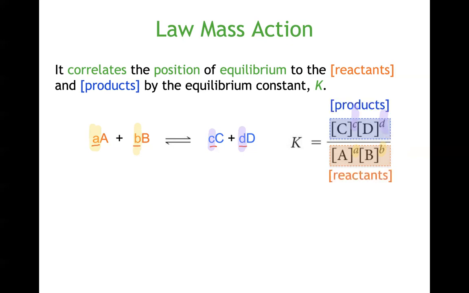Okay, so product over reactant, right? Well, let's take a look at it. The reactant is in the denominator and the product is in the numerator, right? If we increase the concentration of the product, we would expect the equilibrium constant to be higher, right?